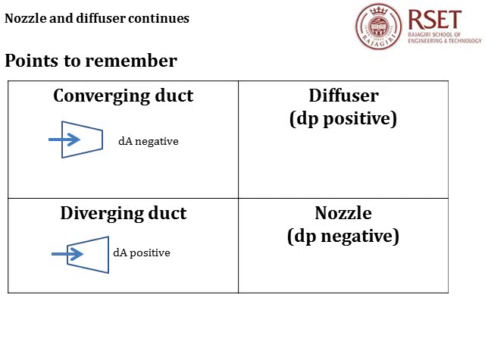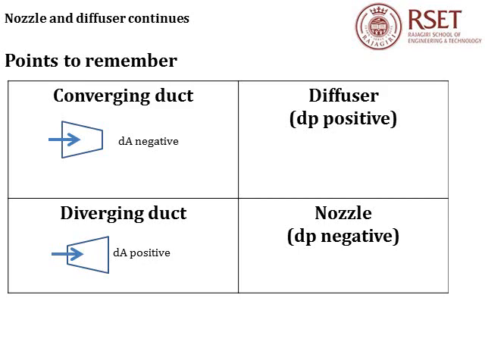For a diffuser, as the fluid passes through, it undergoes compression. Pressure increases at the expense of velocity. So in the direction of flow, the change in pressure is positive, that is, dP is positive.